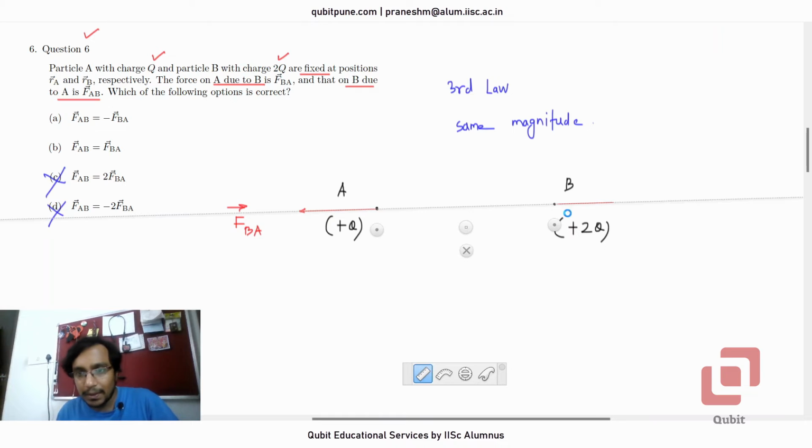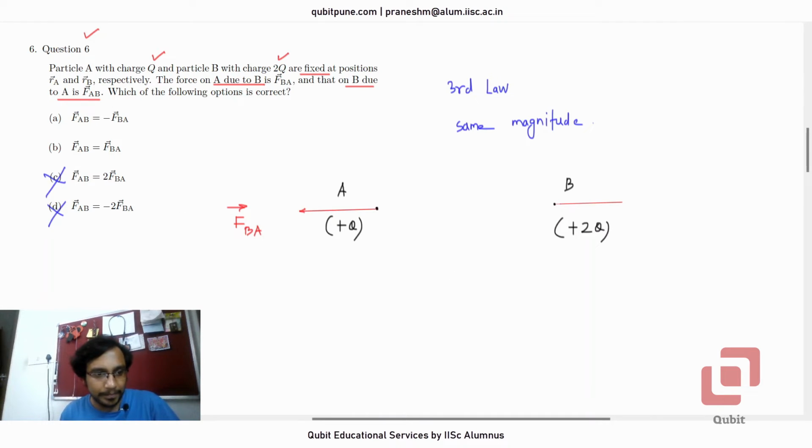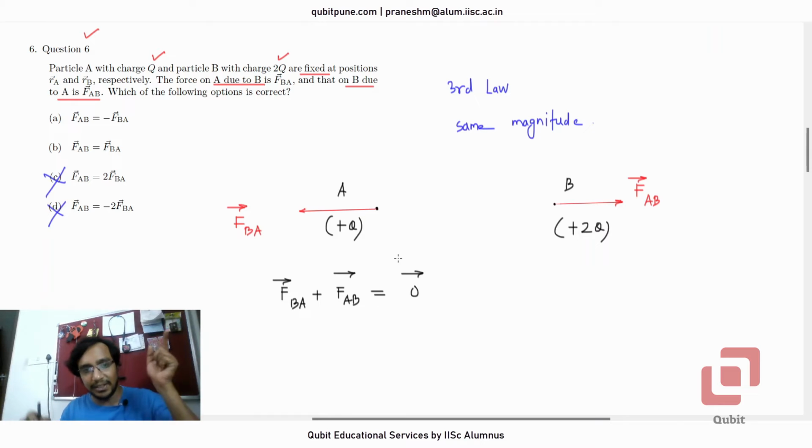So this is the force on B due to A. Now clearly you see that the two forces, if we consider them to be purely vectors, then F BA bar plus FAB bar should give us a null vector because they are along the same line, equal magnitude, opposite in direction.